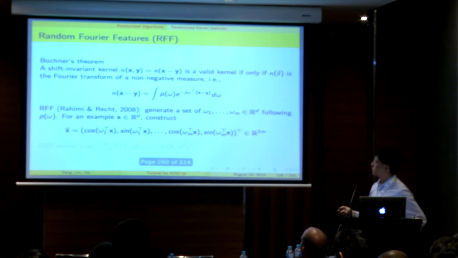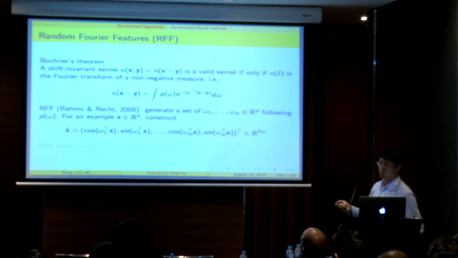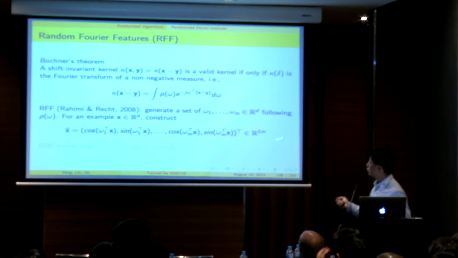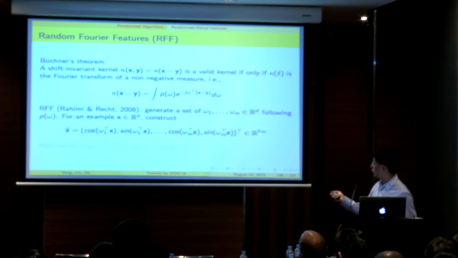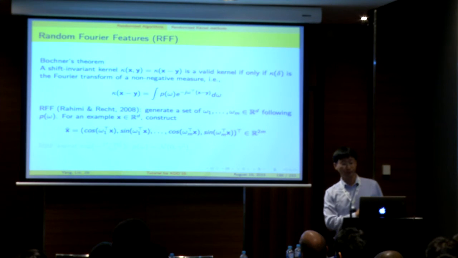So here is the definition of random Fourier features. Instead of calculating this integral exactly, we generate a set of samples from this distribution, denoted by omega 1 to omega m. Now for one example x, we project x onto these vectors and get omega 1 transpose x to omega m transpose x. Now we apply the cosine and sine functions, and then we get a short feature representation with 2 times m dimensions.